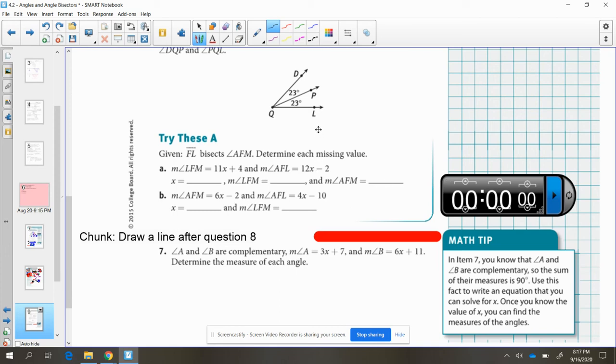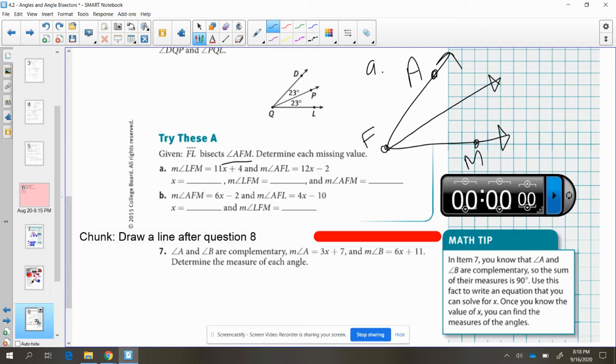So in the picture over here, if we do part A and we draw our picture, notice for part A, they're telling us we have an angle named AFM, and FL bisects. So we are allowed to draw this so that we know that these have equal measure. Okay.